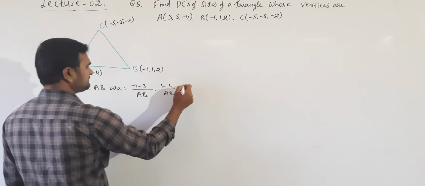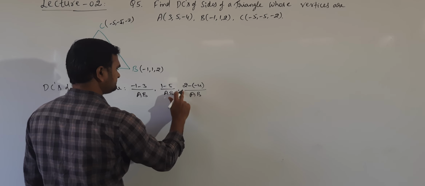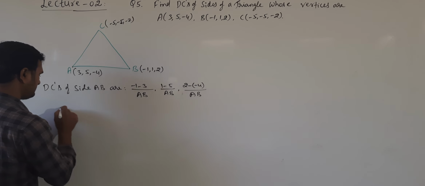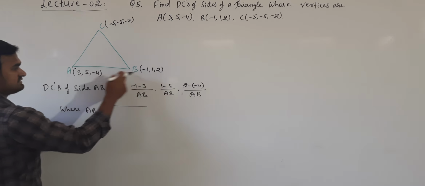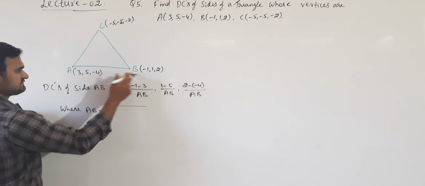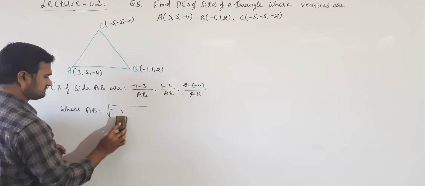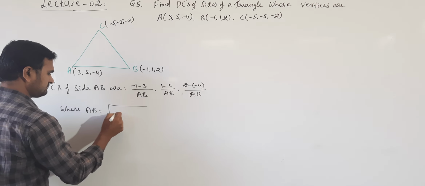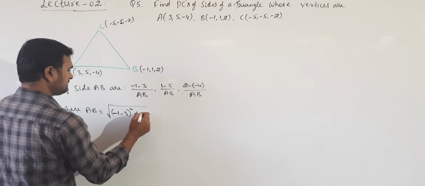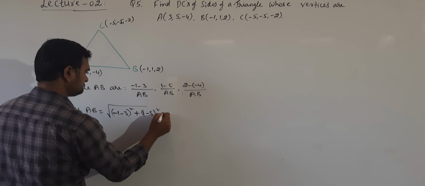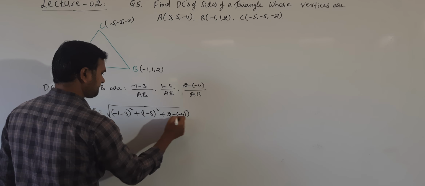Then 2 minus minus 4 divided by distance AB. What is the distance AB? Minus 1 minus 3 whole square, it is minus 4 whole square, plus y2 minus y1, 1 minus 5 whole square, plus 2 minus minus 4 whole square.